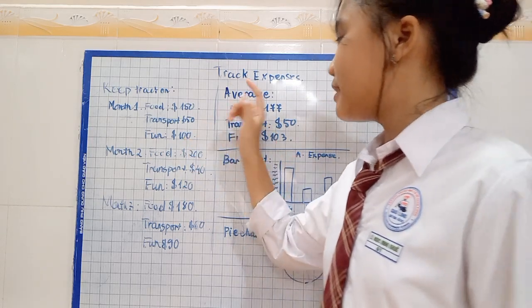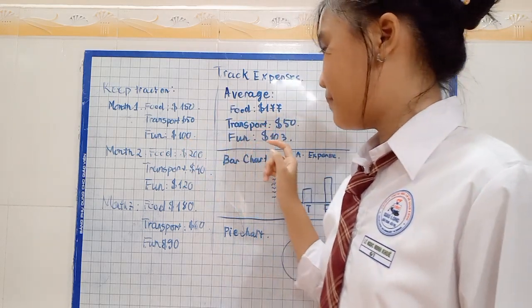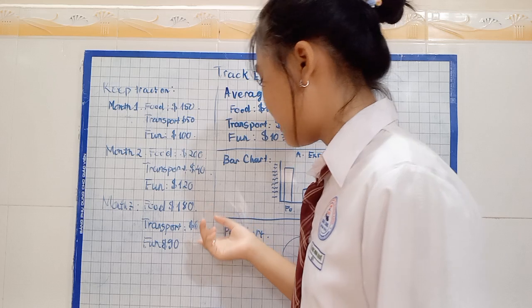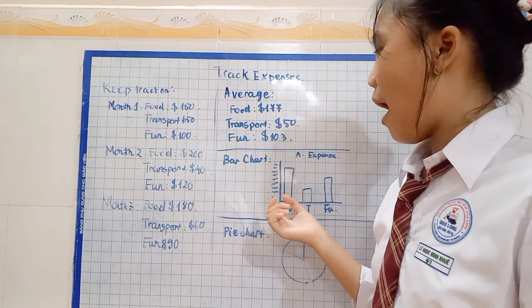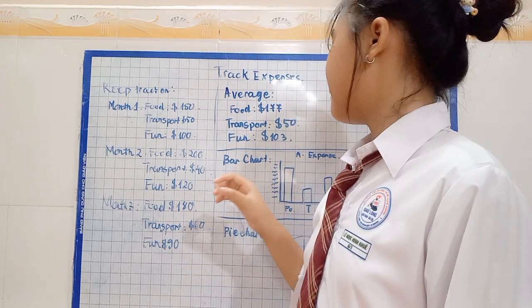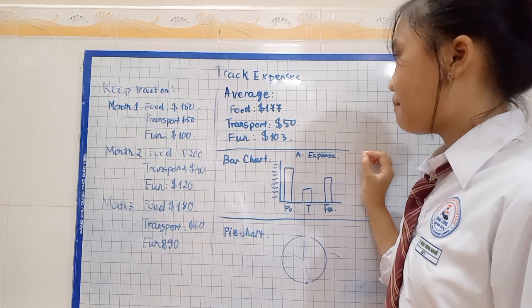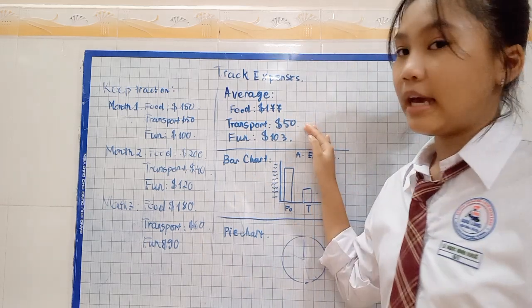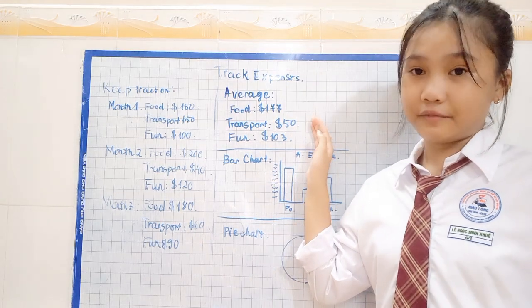We have 50 plus 40 equals 90, plus 60 equals 150. So 150 divided by 3 equals 50. So the average of transportation is $50.